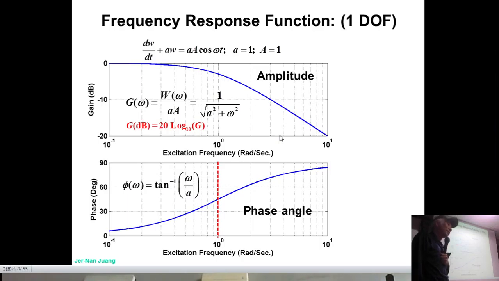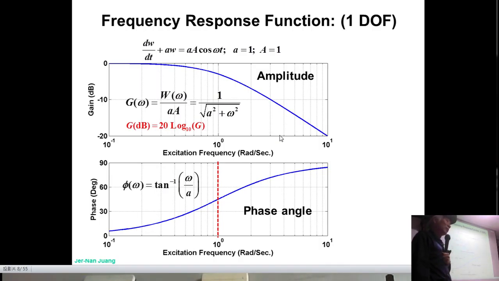Any problem? Okay. Now, these two charts are the charts you use to quantify your responses. So to judge whether your controller design is good or bad, we can plot your gain and your phase.